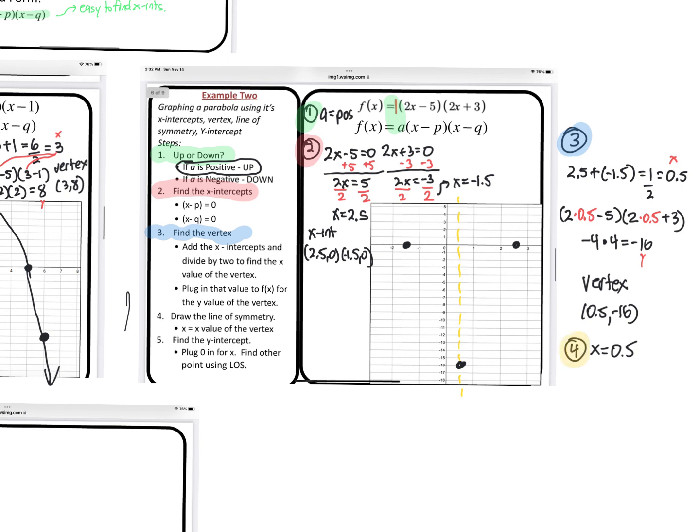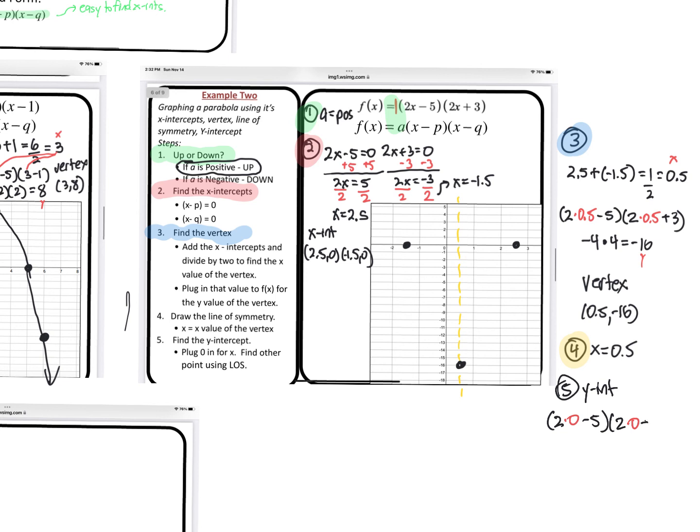So the fifth step is the y-intercept. So we go over here, y-intercept, and we know that we're going to plug 0 in. So we got 2 times 0 minus 5, and 2 times 0 plus 3.